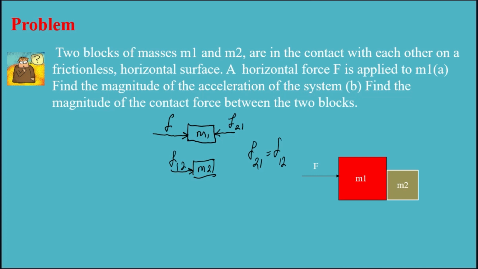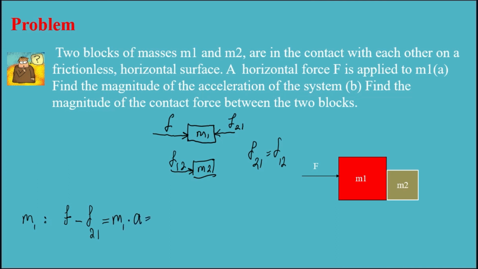Let's go back to part B: find the magnitude of the contact force between the two blocks. Let's start with m1. For m1, I have F as positive, minus F21, equals m1 times acceleration.